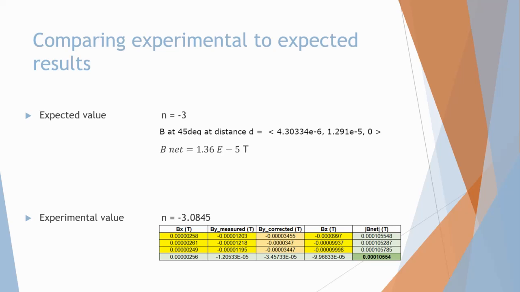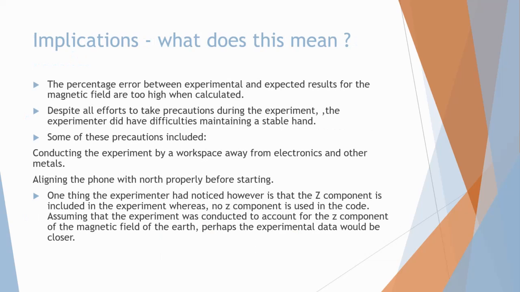However, the experimental value gave us different results, in which n is negative 3.0845, and that B net is 105 microtesla.